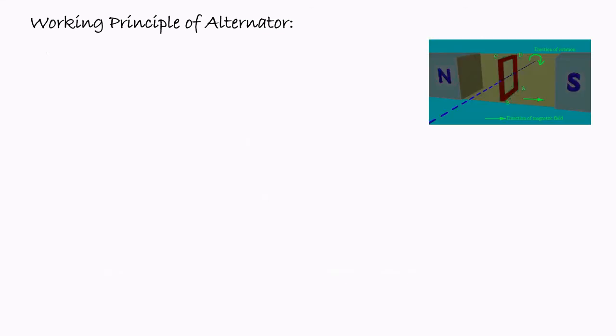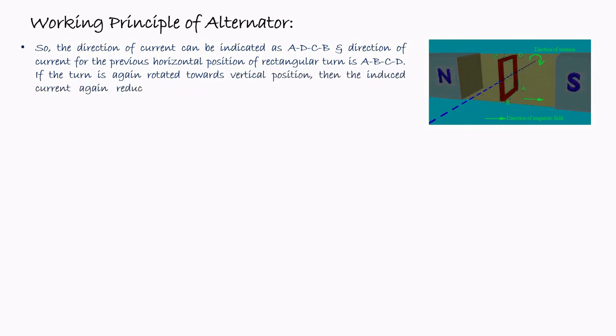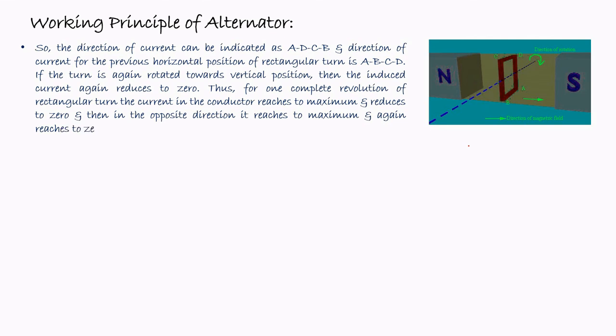So it can be seen in the next slide. The direction of the current can be indicated as A, D, C, B, and the direction of the current for the previous position of the rectangular turn is A, B, C, D. Here the EMF will be A, B, C, D, and in the previous case it will be A, D, C, B.